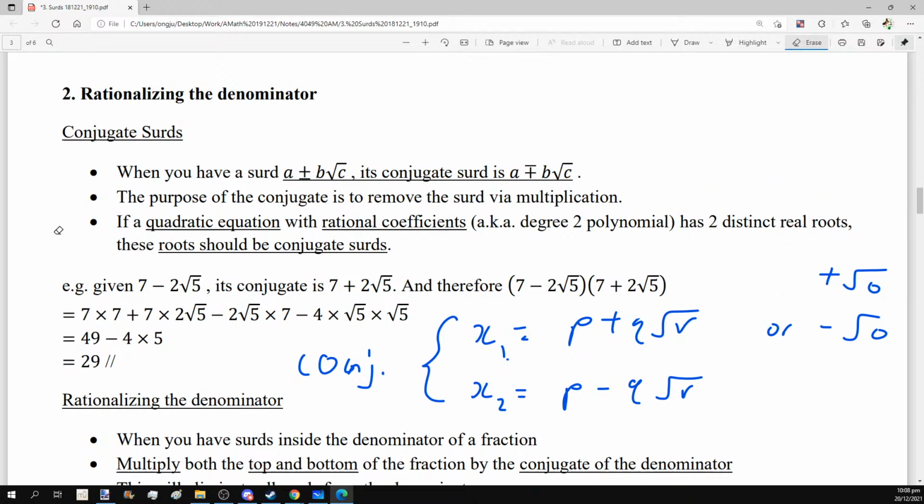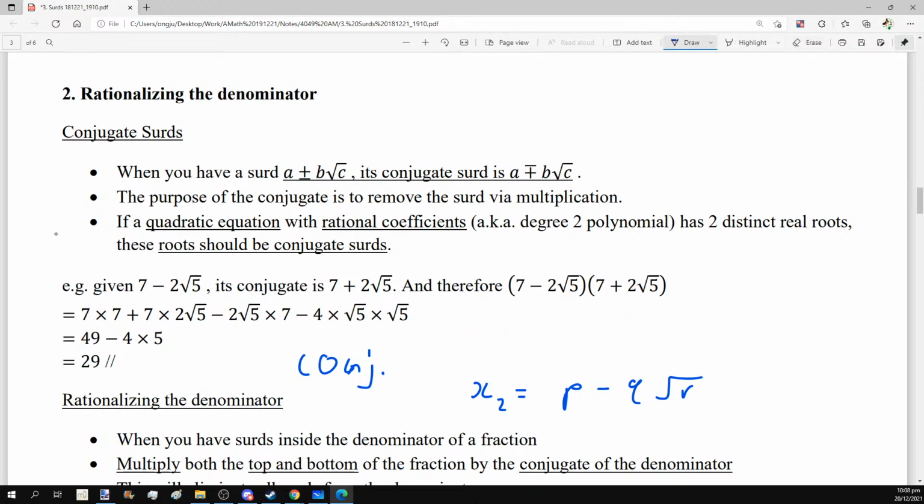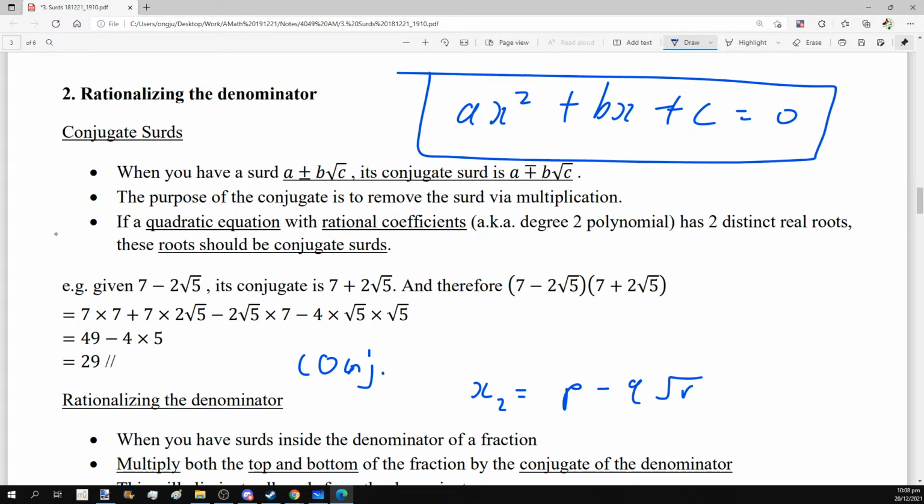But no matter how many square roots there are, as long as you can change it into a simple quadratic, which means it is in the form algebra square, algebra, number equal to 0, then no matter how many square roots there were in the original question, we will still be able to use this technique. So generally, I guess the answer to your question is yes.